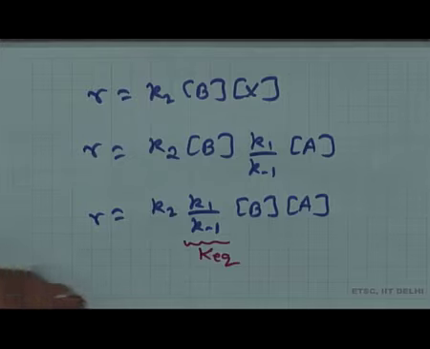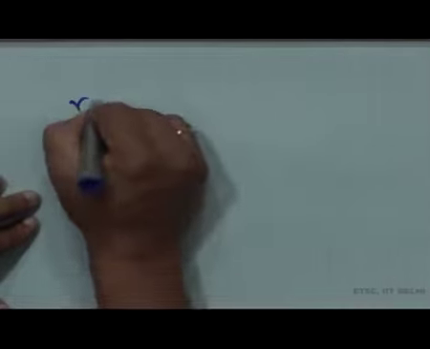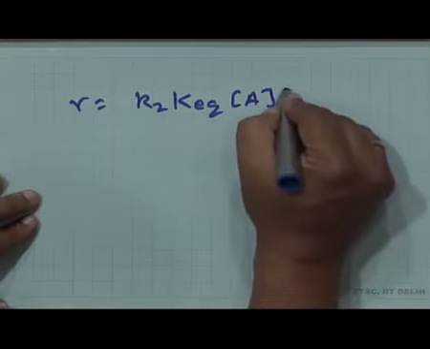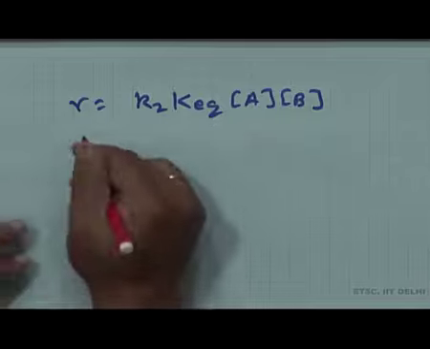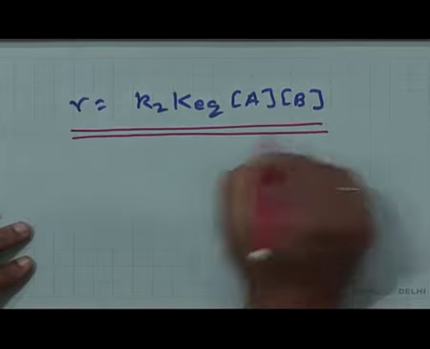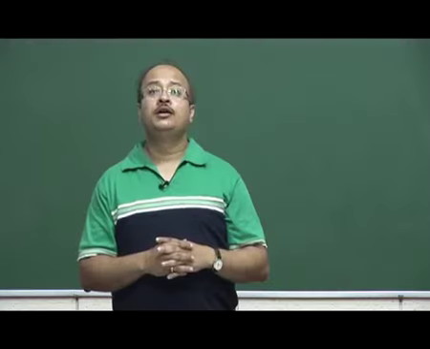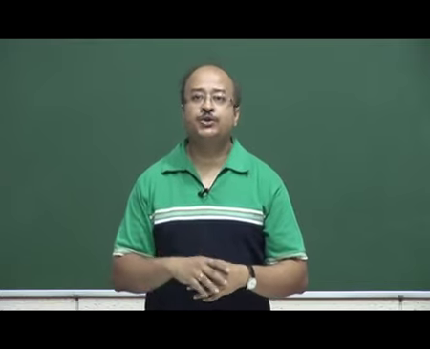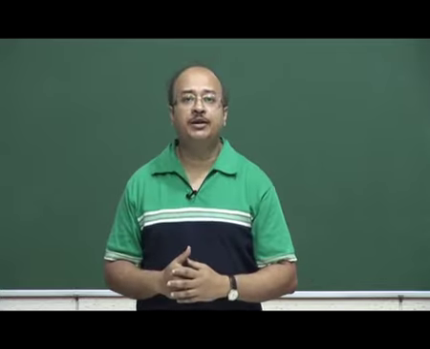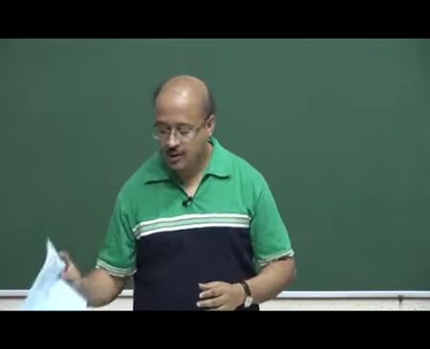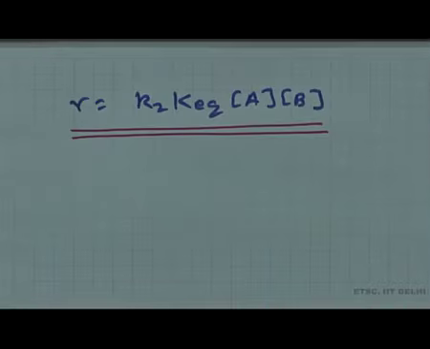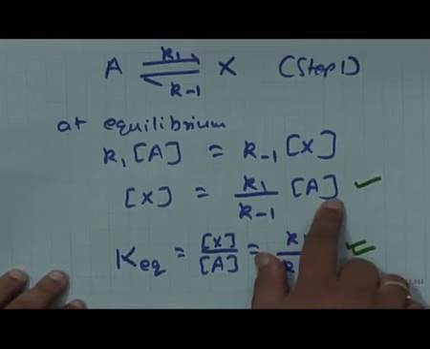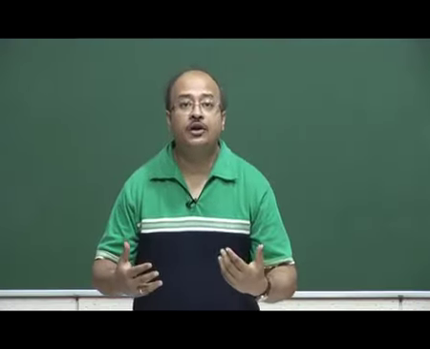So then the other form is that R is equal to K2 K equilibrium concentration of A concentration of B. Hence I gave you an example where the first step was not rate limiting, some other subsequent step was, and in that case if an intermediate is coming in, then I assume something referred to as this fast pre-equilibrium, and using that I replace the intermediate by something which is in terms of reactant, which is easier for us to handle, which we can readily handle.